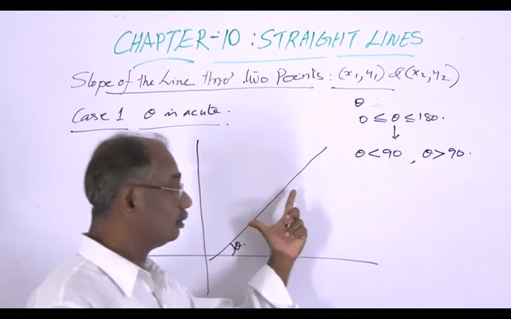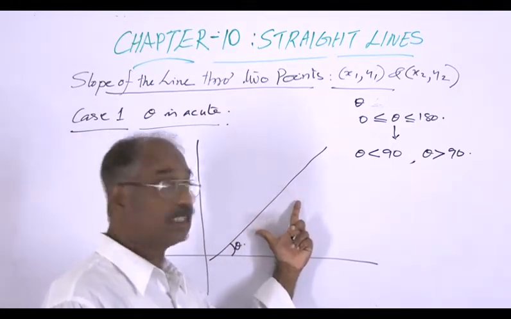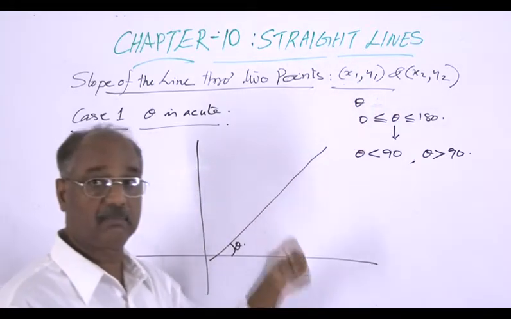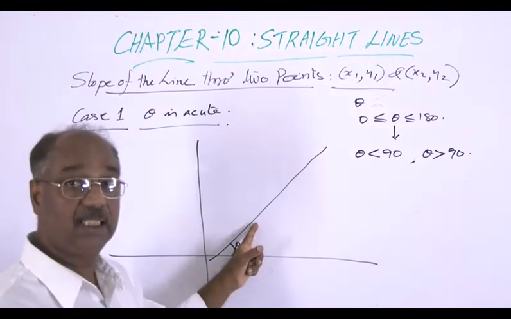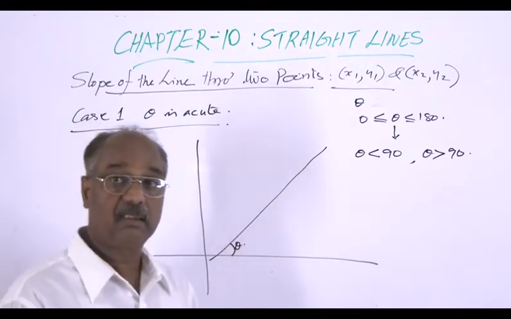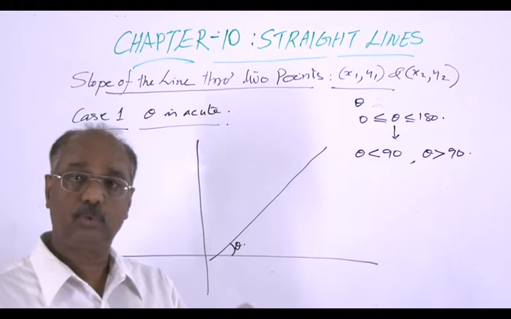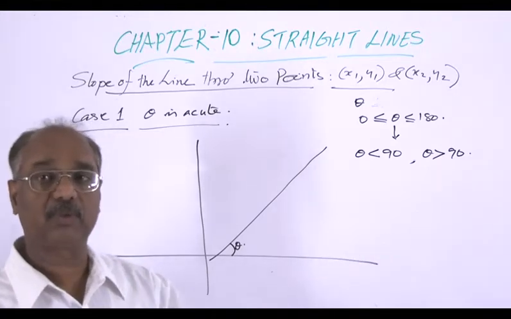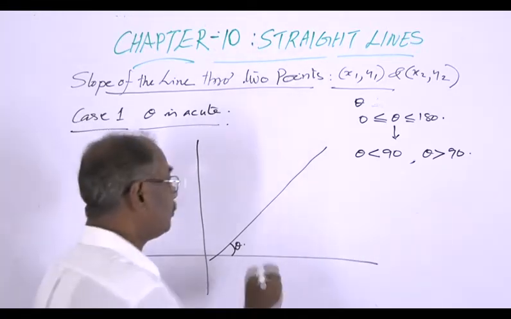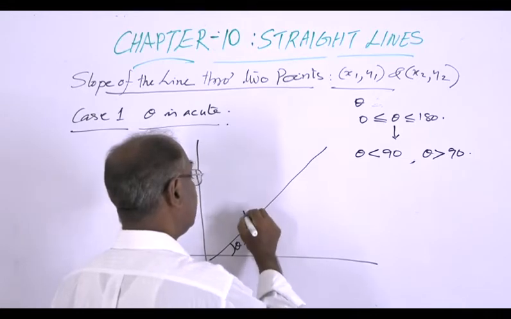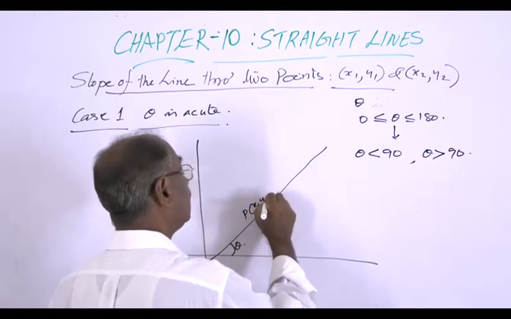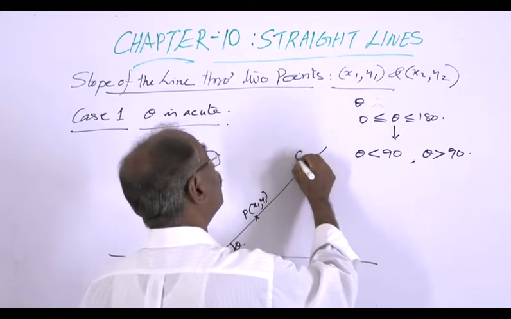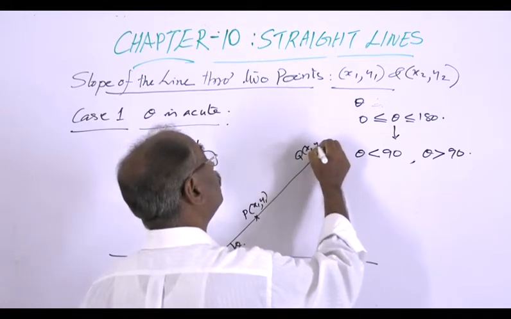Now we have any 2 points on the line, and we find the slope of the line passing through these 2 points. Suppose P is the point x1, y1, and Q is the point x2, y2.